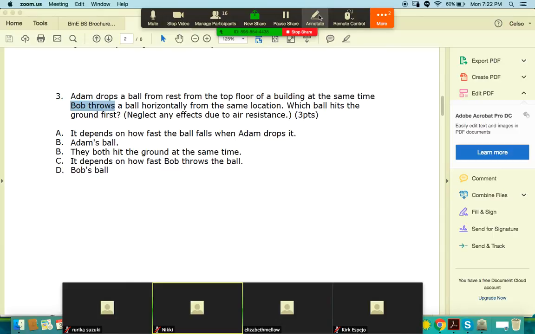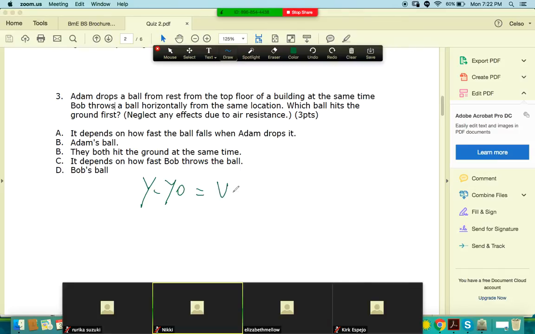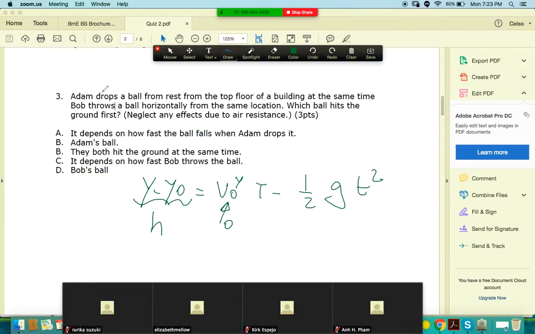Right. So for Bob and Adam, y minus y naught is equal v naught y t minus half g t squared. So for both of them, this is the height of the building, right? Whatever number of meters that is. And for both of them, the initial velocity is 0. For Adam, because he drops the ball from rest.